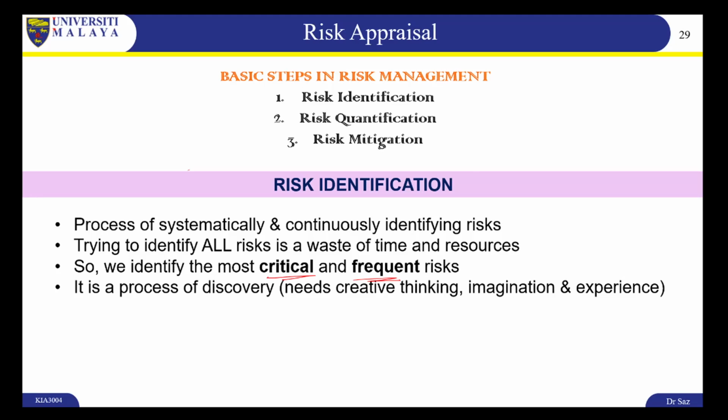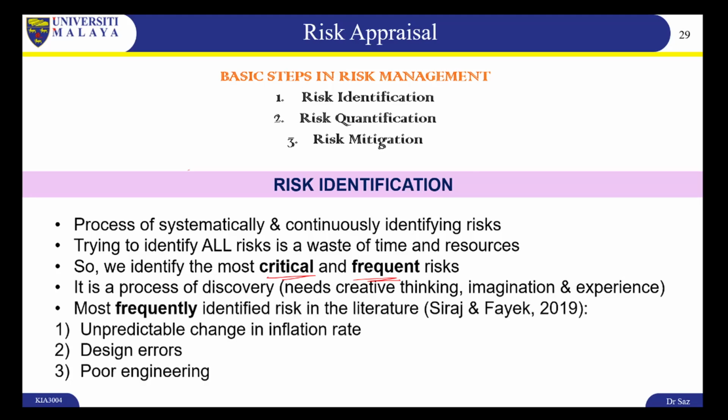It's a process of discovery. You need to brainstorm a lot. And the most frequently identified risks in the literature, according to Siraj and Fayek, 2019, are these three: change in inflation rate, design errors, and poor engineering. Now you might be wondering, what does inflation rate have to do with risk?